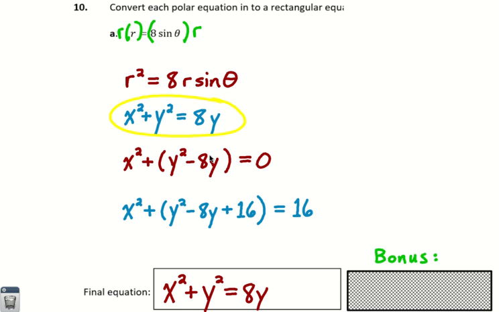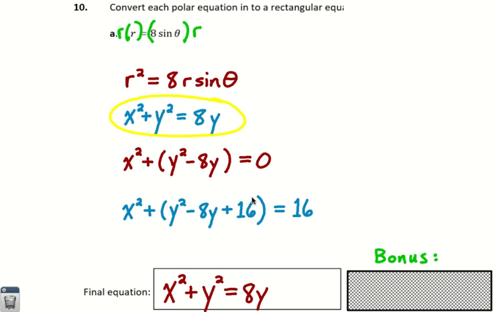Remember, all you have to do is divide this number by 2 and then square it. And so I'm going to add 16, but I have to do it to both sides in order to make it legit and legal. So I add 16 here, but you also have to add 16 to the other side.